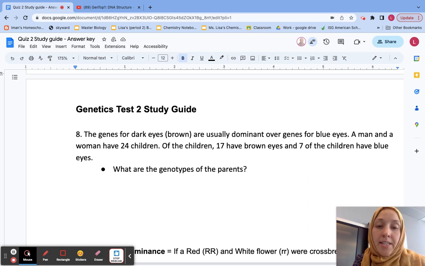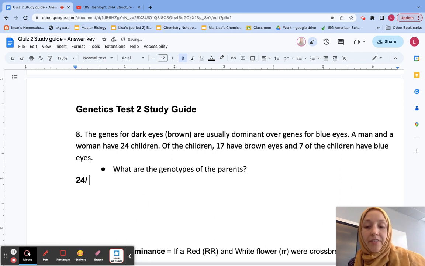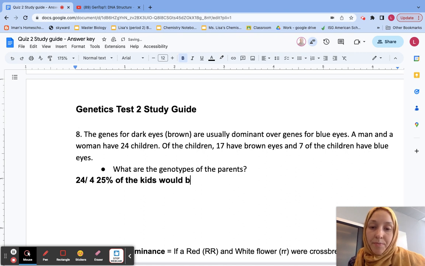What I notice here is that this is about a 3-to-1 ratio. Okay, so if I take 24 and I divide it by 4, that means about 25% of the kids would be about 6.